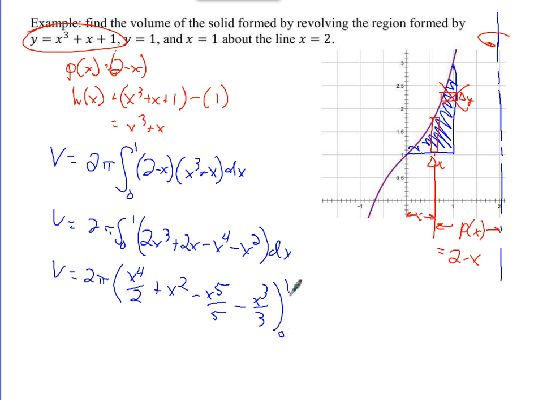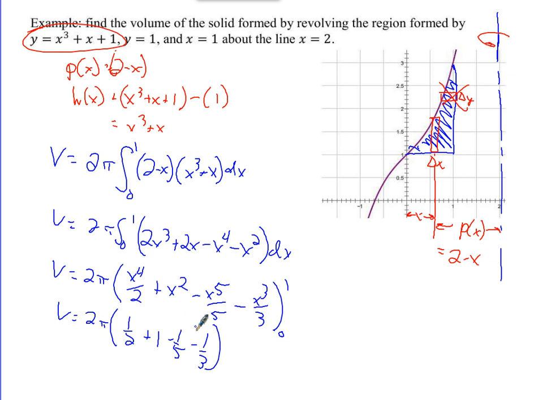Nice thing about that lower bound is all of those go away, so we can probably do this in our heads. V equals 2 pi times 1/2 plus 1 minus a fifth minus 1/3. And then technically minus a bunch of zeros. Common denominator here would be 30. So we got 15 plus 30 is 45 minus 6, so we're at 39.